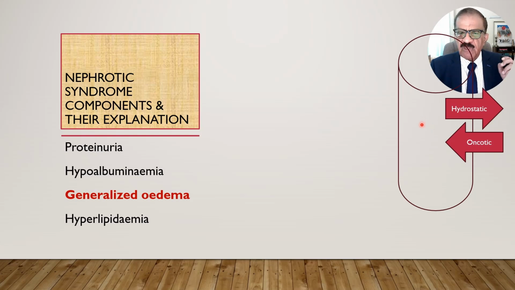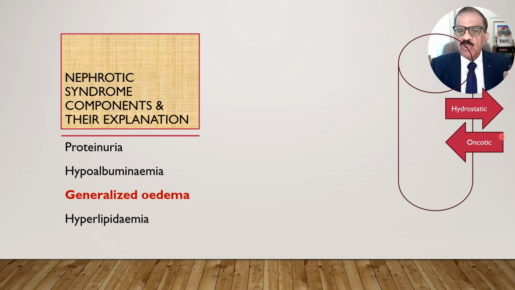So that is physiological, but too much leakage is prevented by oncotic pressure. Oncotic pressure is maintained by proteins, mainly albumin. So if albumin level drops, then the ratio between hydrostatic pressure and oncotic pressure will change more in favor of hydrostatic pressure, and more fluid will ooze out into the interstitium.